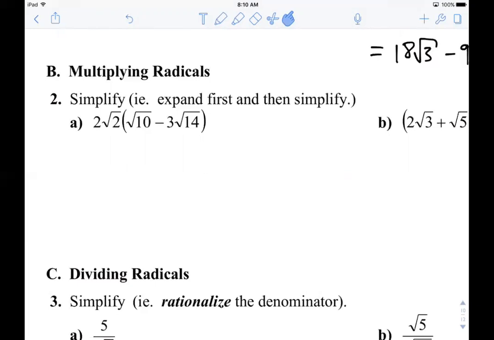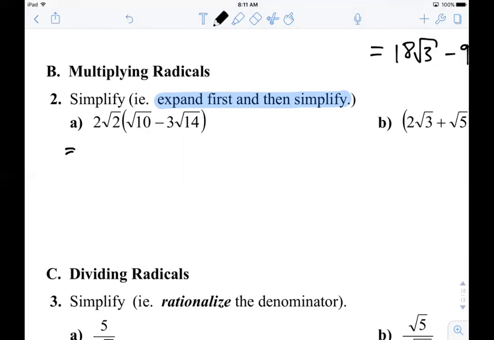So for multiplying radicals, in general, we should always remember this little note that we want to expand first, and then we still may need to simplify from there. That's something that we generally say about any type of multiplication of different terms. So let's expand first. 2√2 multiplied by √10.